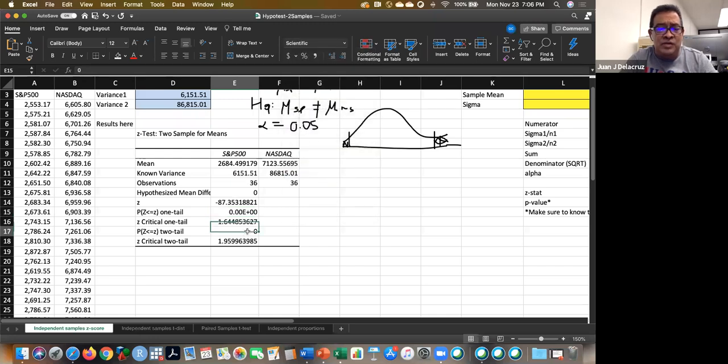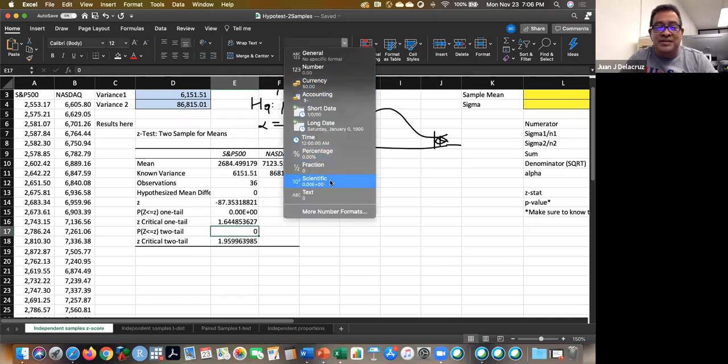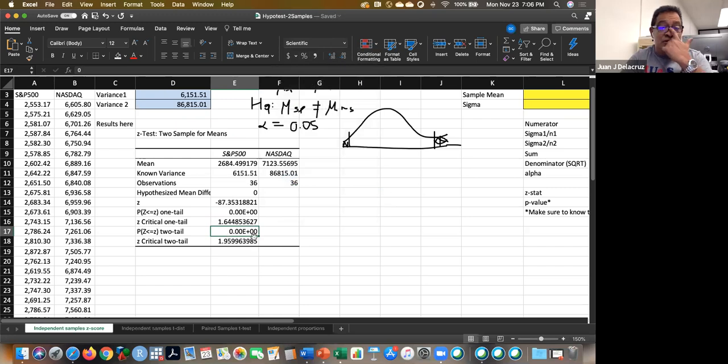This number is so close to 0 that it shows in scientific notation. So just imagine that my Z critical, for two tails, is 1.96. Let's use just two decimals.